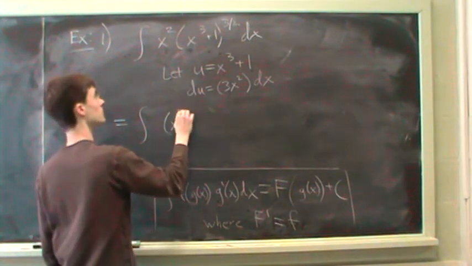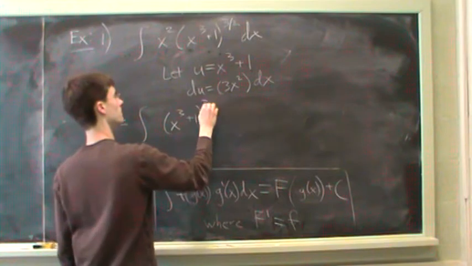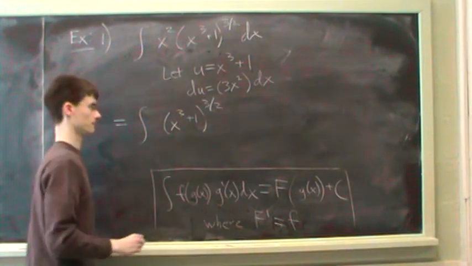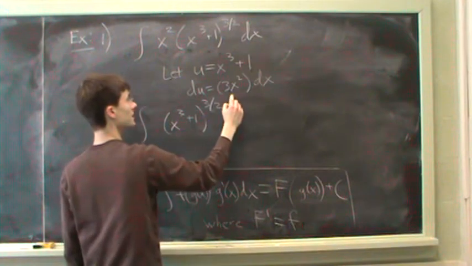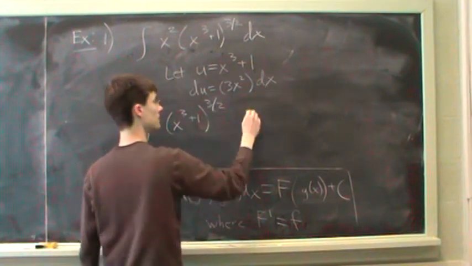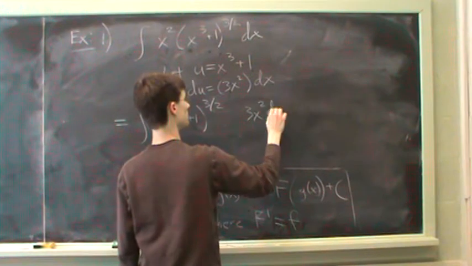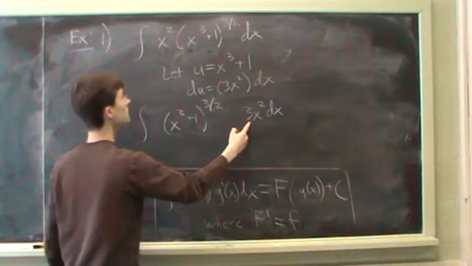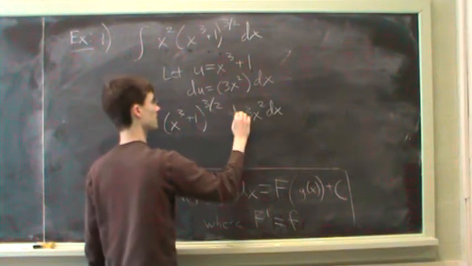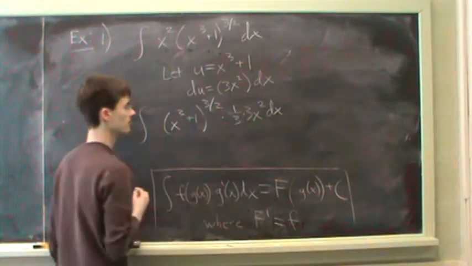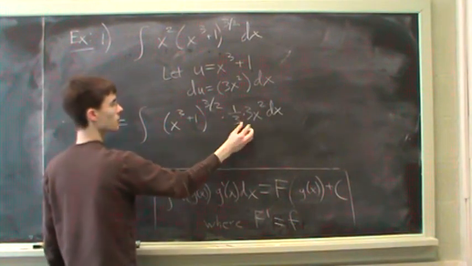So I'm going to rearrange this function. I want to end up with a term which looks like 3x squared dx. And so I have an x squared, but the 3 presents a problem unless I also put in a 1/3. So 3 times 1/3 is 1.